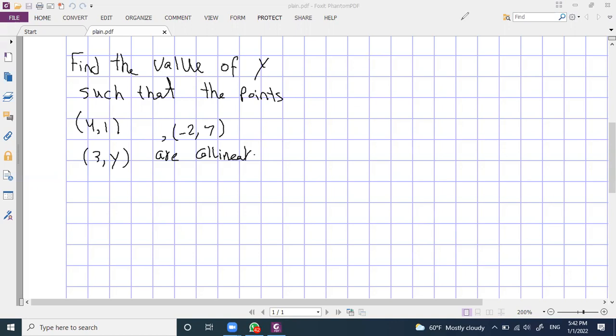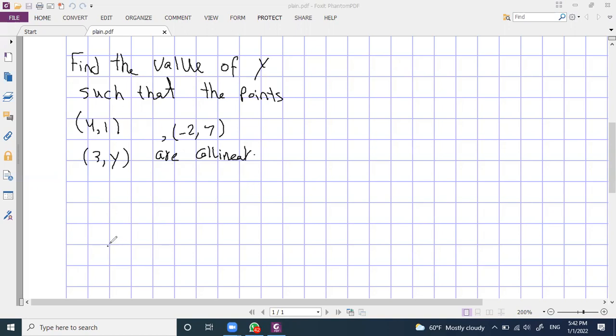You know, Alia, that the 3 points are collinear.